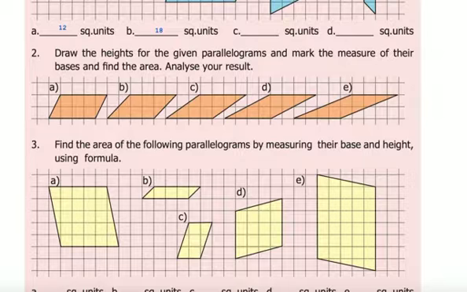Sorry, that is not quite straight. No, it is straight. Yes, it is straight. That is how one has to draw a straight line. So this is the height. Height is 2 units, right?